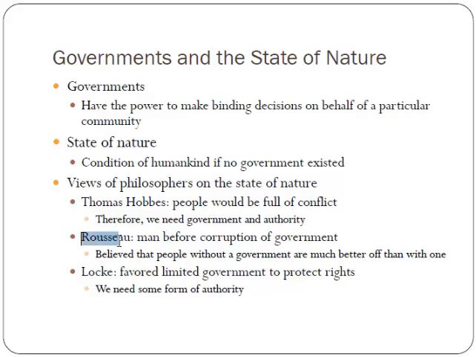Jean-Jacques Rousseau, the Frenchman, he actually was more of a free thinker. He was more like an anarchist, although even he agreed that government benefits people to some extent, but Rousseau believed that people should basically be free in their natural state. We don't really follow either one of these two.